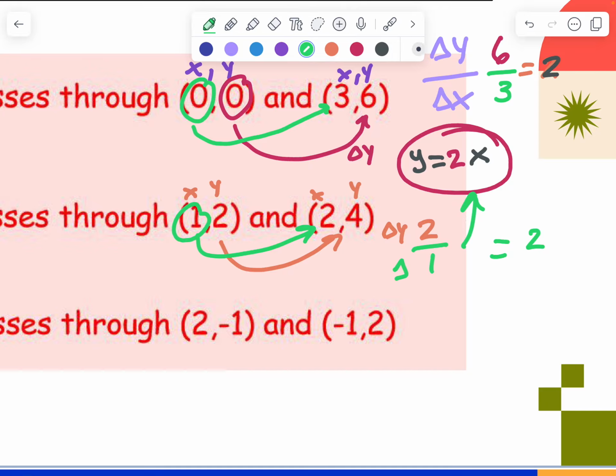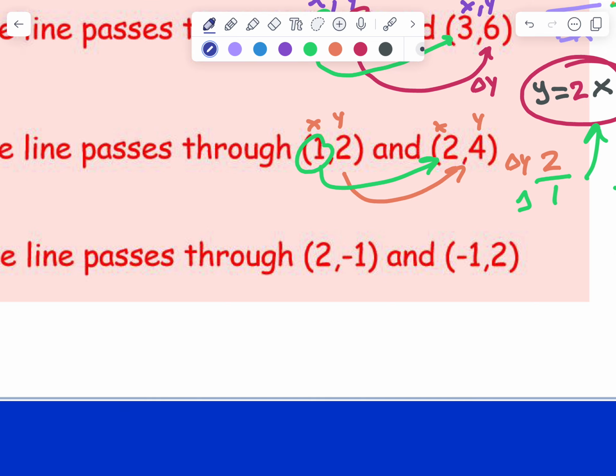Now, this can get a little tricky when we throw in some negatives at you. So I'm going to show you this formula one more time. It is written on the whiteboard, kind of in the middle on the bottom. It's in purple in my room if you're in there right now. Sometimes we subtract the y's, would be a good way to find the change in y. And we can subtract the x's to find the change in x.